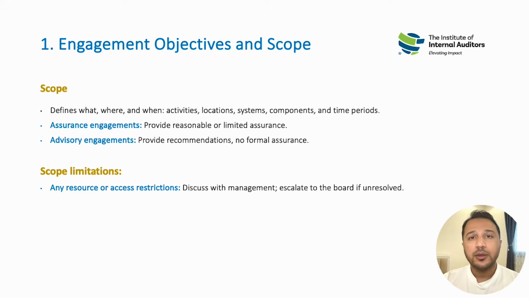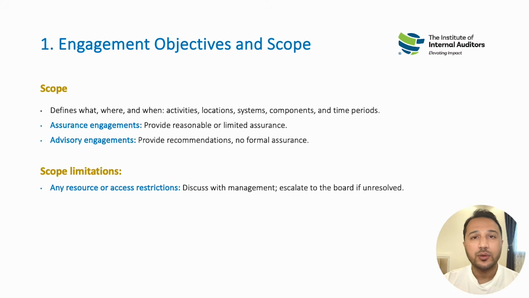There is one more element we need to take into account: whether we are aiming for an assurance engagement or an advisory engagement. In an assurance engagement, we review the controls and processes around those objectives, and we assess whether the processes are achieving their objectives, or whether there are risks to which the management or the company is exposed, which may prevent the company from achieving those objectives.